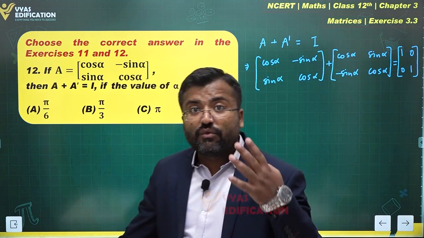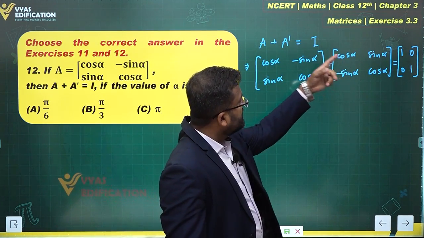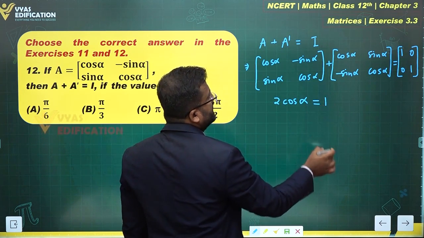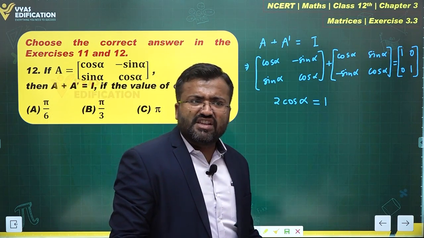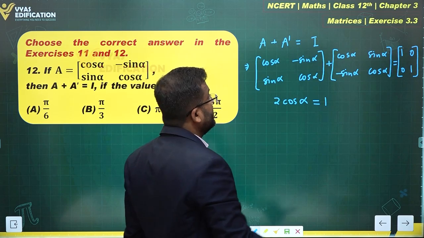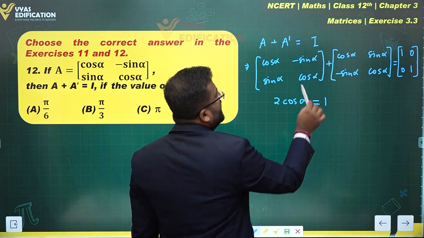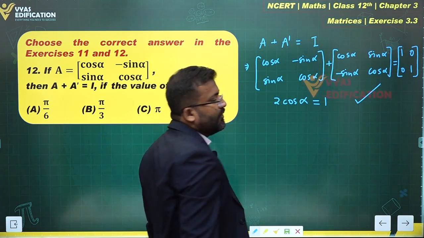Corresponding elements: cos alpha plus cos alpha, 2 cos alpha, is equal to 1. This is one equation. Minus sin alpha plus sin alpha is 0, which gives 0 equals 0 and nothing else. Sin alpha minus sin alpha is also 0. So 2 cos alpha equals 1 is the only equation I am getting.